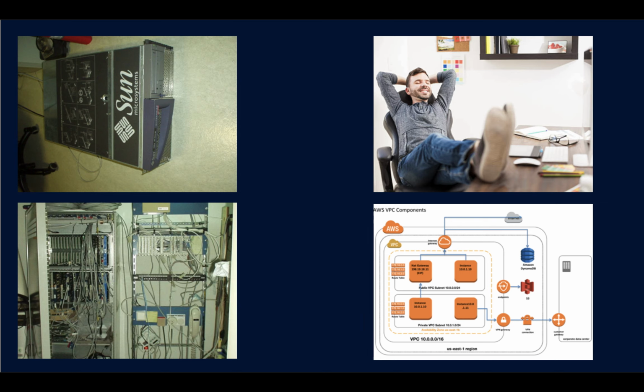Then moving across to the bottom right, when I moved to the cloud, using AWS to create virtual private clouds, VPCs, and network things a lot differently. Made it a lot more flexible, a little bit easier to understand in most cases, and a lot more scalable, for me anyway. And then to the top right, putting my feet up and relaxing.